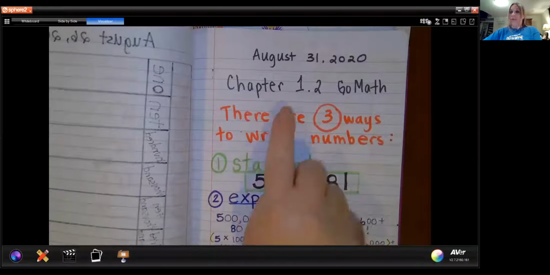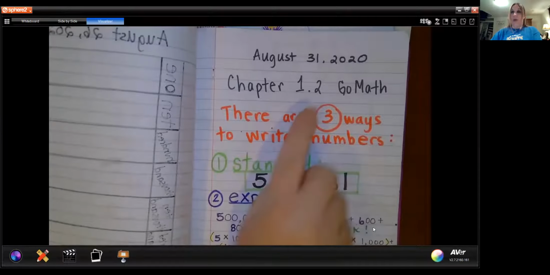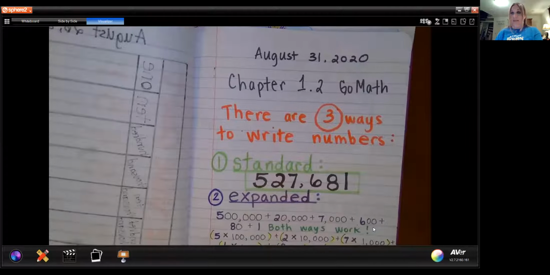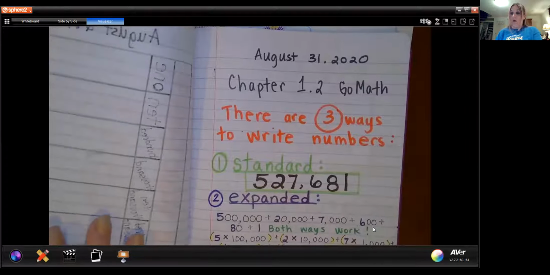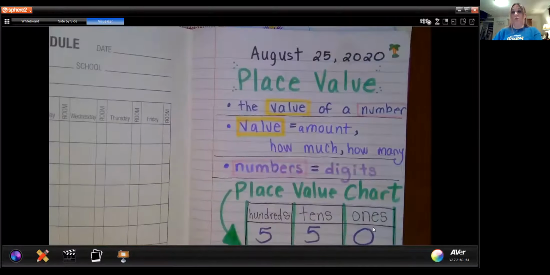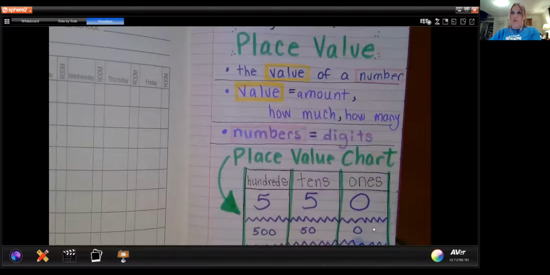Now, if you remember from class last week, we started our place value in GoMath with lesson 1.2, and there was a reason for that. I first introduced you to your place value chart.